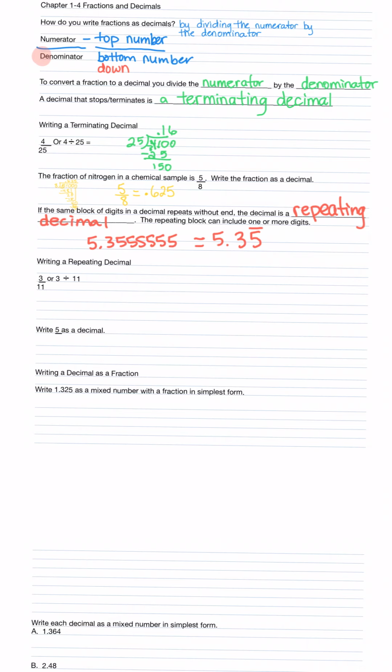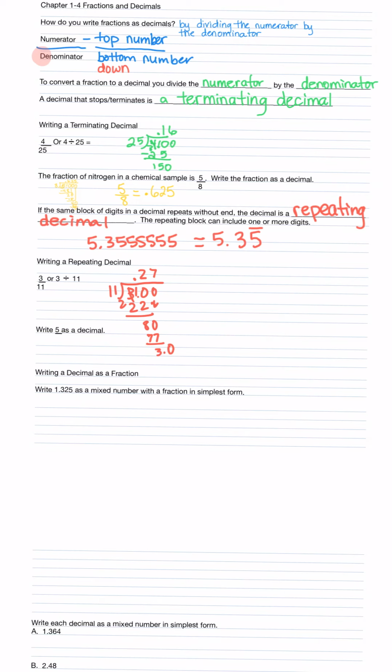So let's look at writing repeating decimals. We have 3/11, or 3 divided by 11. The numerator is the 3, the 11 is the denominator. We are going to divide the denominator into the numerator. It does not work, so add a 0, add the decimal point. 11 goes into 30 2 times. 22. Subtract, equals 8. Bring down a 0, 80. 11 goes into 80 7 times, 77. Oops, look at what's going to happen here.